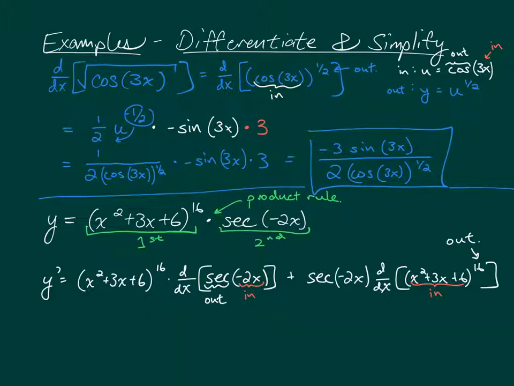So you will have to use u equals negative 2x for this derivative here, and you'll have to use u equals x squared plus 3x plus 6 for this derivative here on the inside.